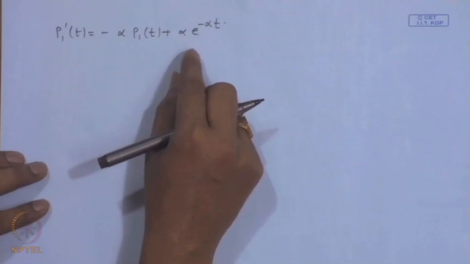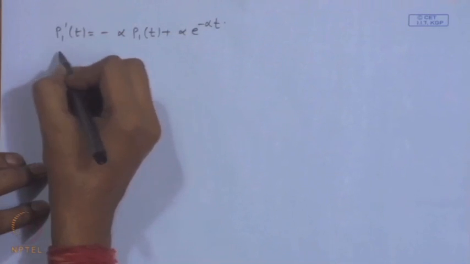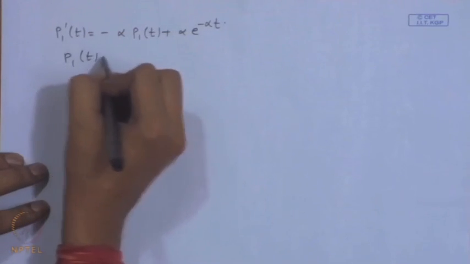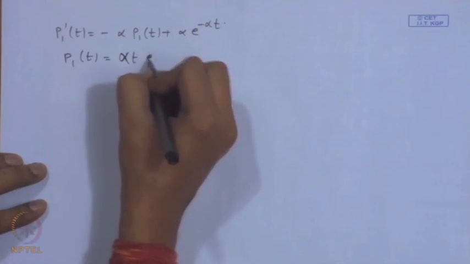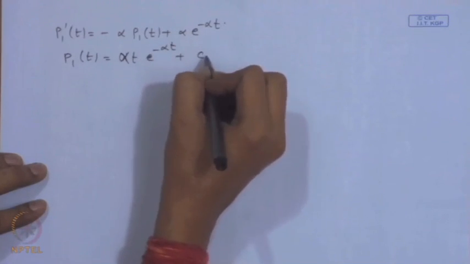This is nothing but a first order linear differential equation. So, we can solve it easily and the solution turns out to be p1(t) is equal to alpha t e to the power minus alpha t plus a constant.